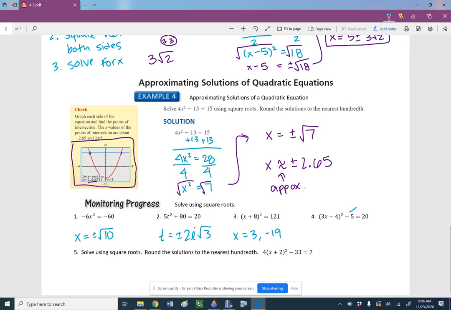For 4, x equals 3 or negative 1/3. And for number 5, x is approximately negative 5.16 or 1.16. Okay, and that is all we have for 4.3.